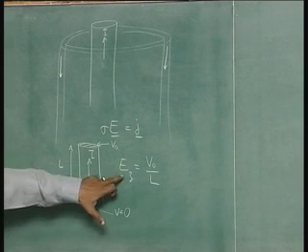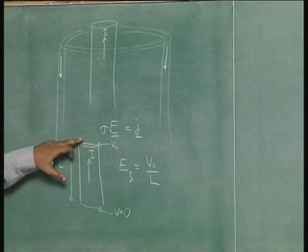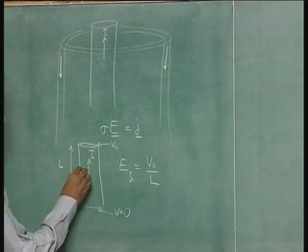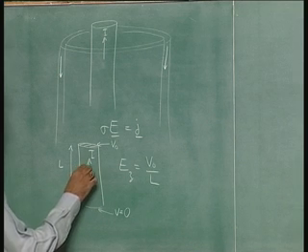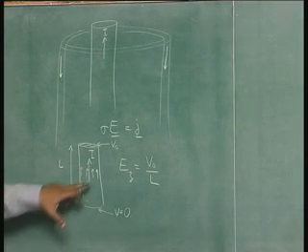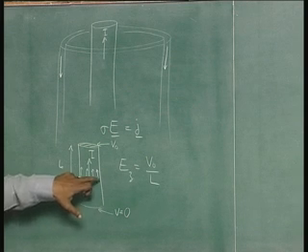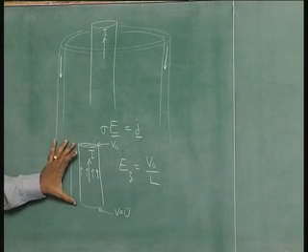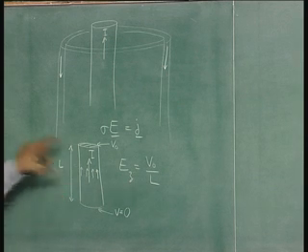Now, this E z is basically going to be uniform. So, in other words, it is the same E z here, it is the same E z here, it is the same E z here, and it is the same E z here. Because if it were different E z's at different radial positions, then over the same length I will develop different voltage drops.